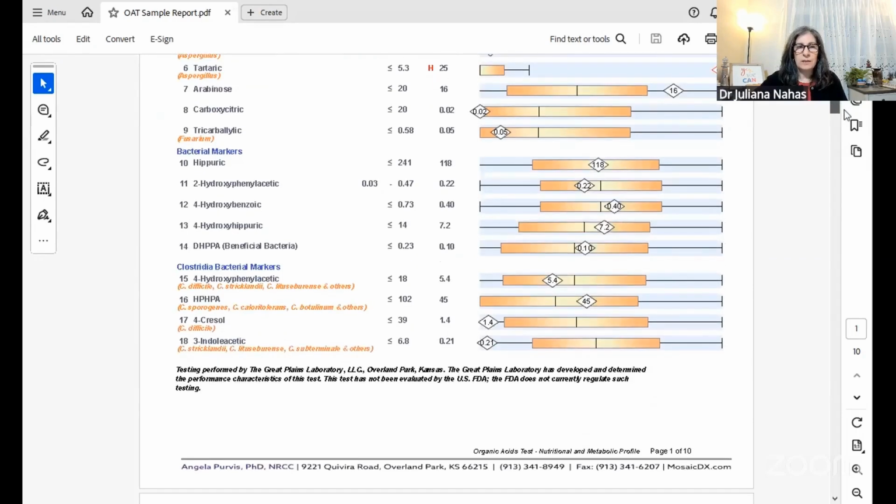Looking further down, we see here bacterial markers. So each one of these, again, is telling a story. And oftentimes, if there's dysbiosis, meaning an imbalance of bacterial ratios, bacterial family ratios, because we have trillions of bacteria in our gut microbiome, and it's really about the balance, the harmony, the cohesiveness.